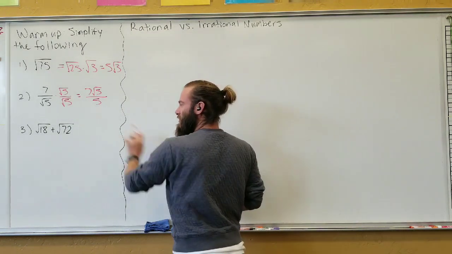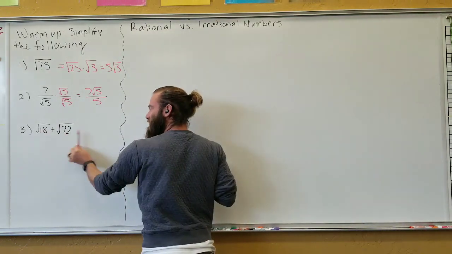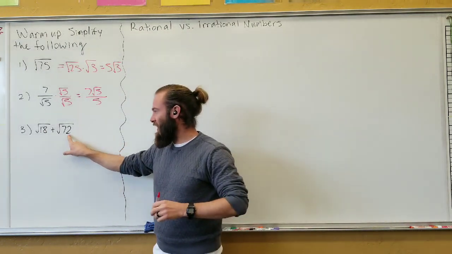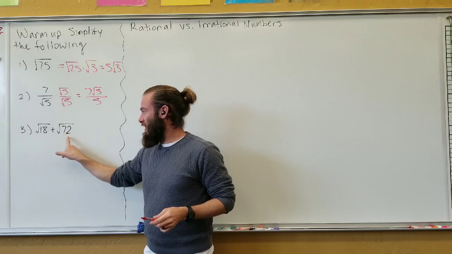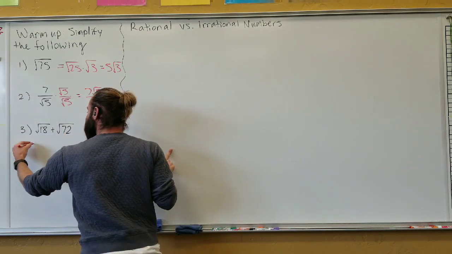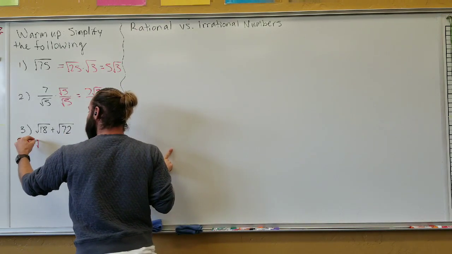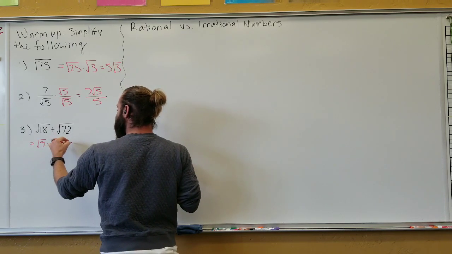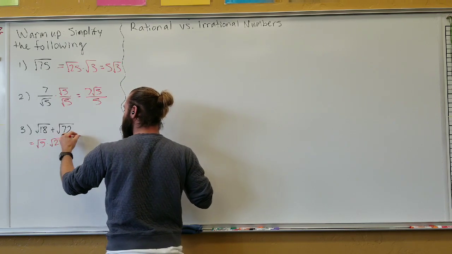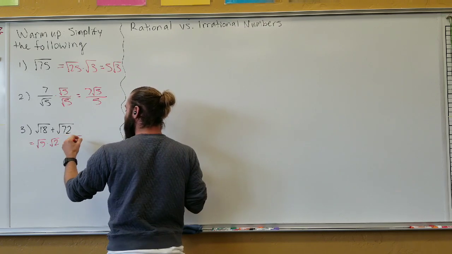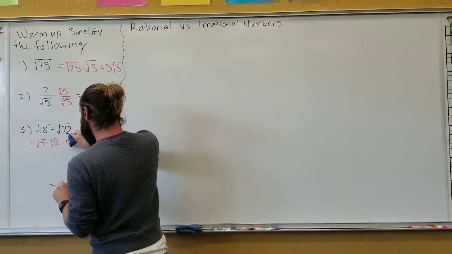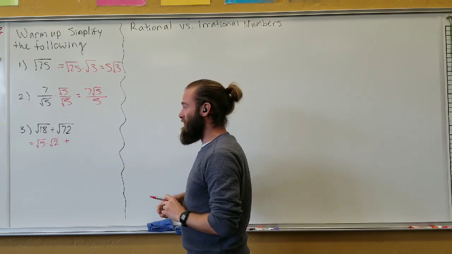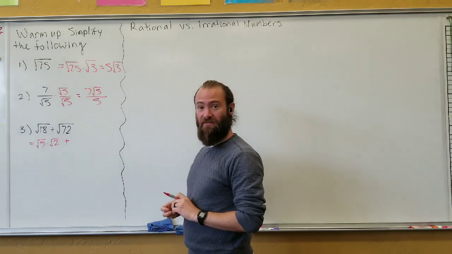And let's go ahead and look at the last one. If you recall, we can't just add these together because they are not like terms, right? The value under the square root is not identical, but these can be simplified. If we realize 18 is 9 times 2, and 72 is 9 times 8, but I think there's an even larger perfect square in 72.